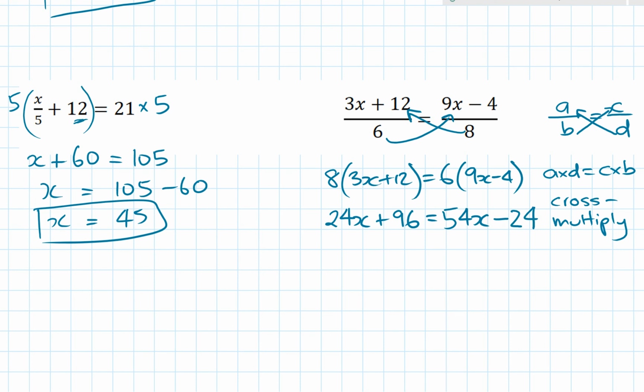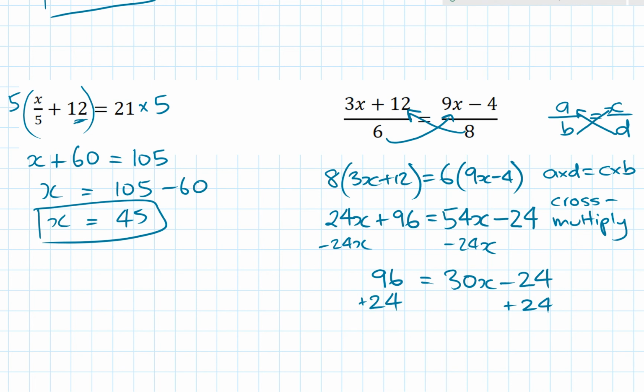Okay, so now we've got x on both sides. We want to get our x's together. So I'm going to subtract 24x from both sides. So I end up with just 96 here equals 30x minus 24. Then I've got this minus 24 here, so I'm going to add 24 to both sides.